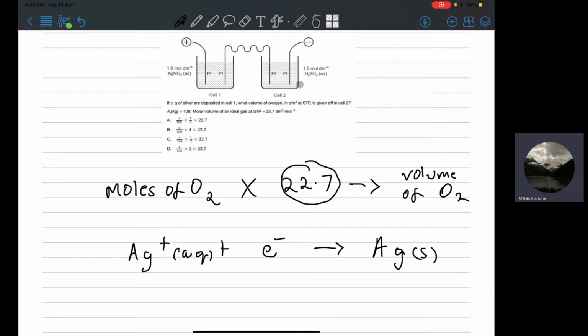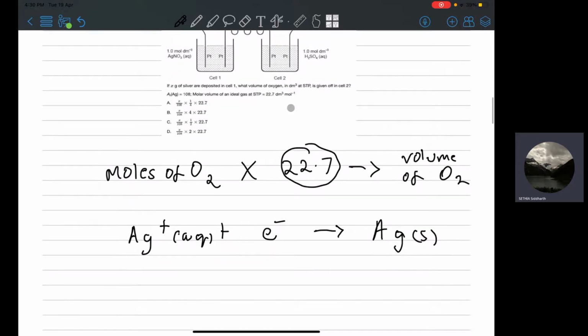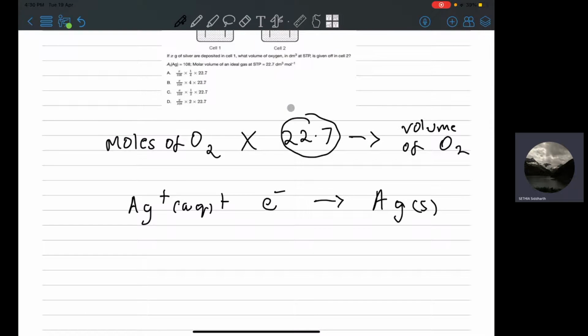And the something else that's going to be oxidized, you should have a clue when they are asking for the volume of oxygen. The clue lies there. When they're asking for the volume of oxygen, that basically means that what's getting oxidized on the other end is water. So we have 2H2O. It's going to get oxidized. Oxidation is loss of electrons. So this is sort of what the equation looks like. And we have some oxygen gas.